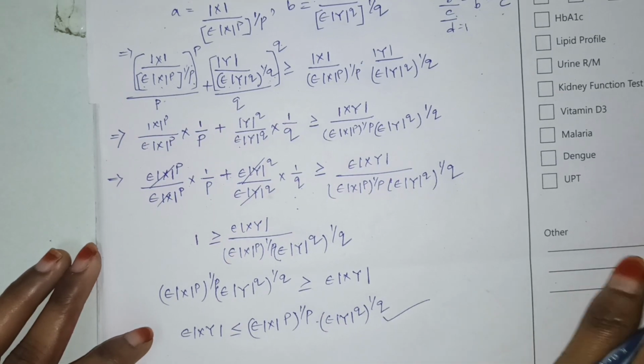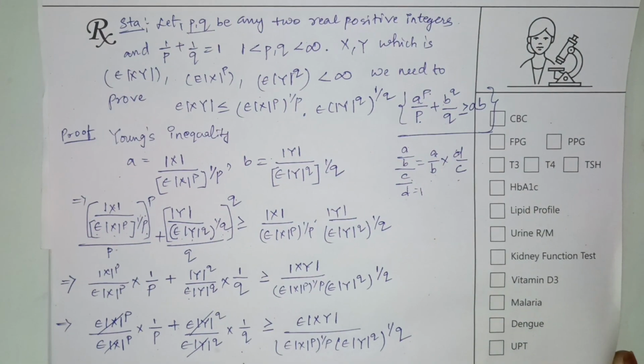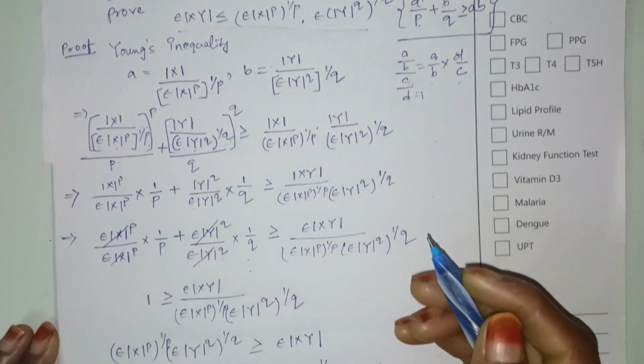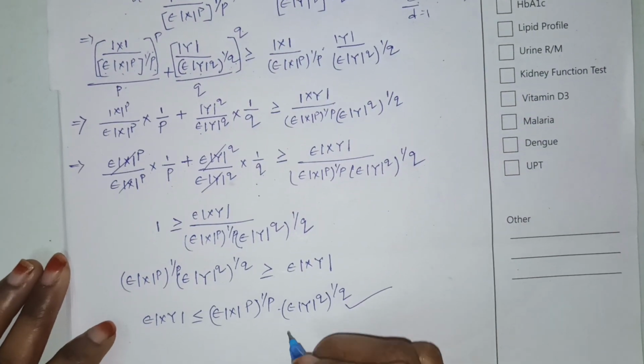This is what we need to prove from the statement. So we can write: hence proved.